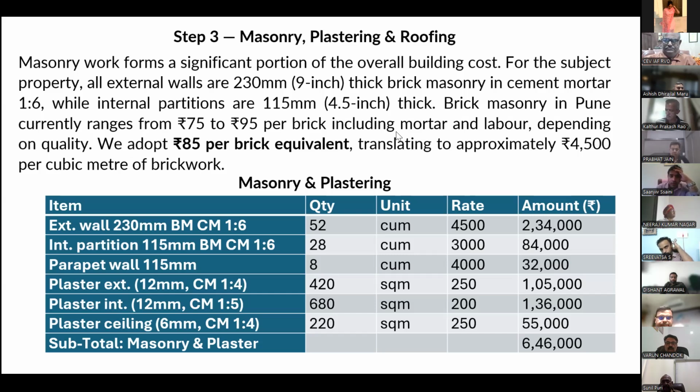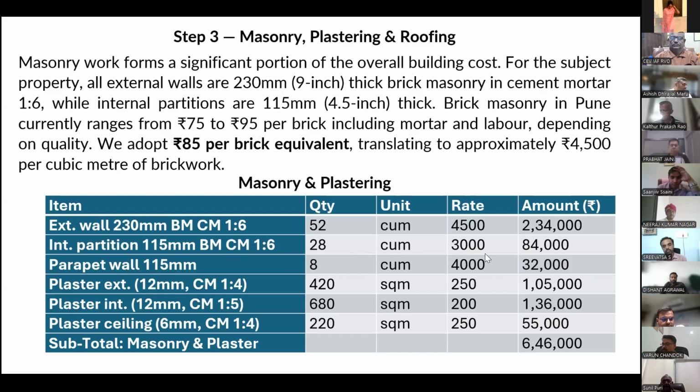Brick masonry in Pune ranges from 75 to 95 per brick, including mortar and labor. Depending upon the quality, we adopt 85 rupees per brick equivalent, translating into approximately 4,500 per cubic meter of brick wall. So external wall 230 millimeter thick, 1:6, quantity is 52 cubic meter, rate is 4,500.